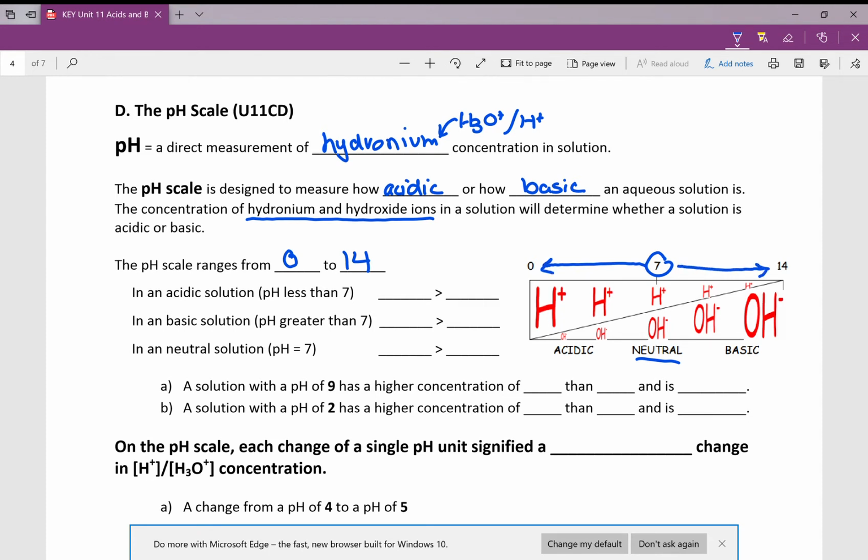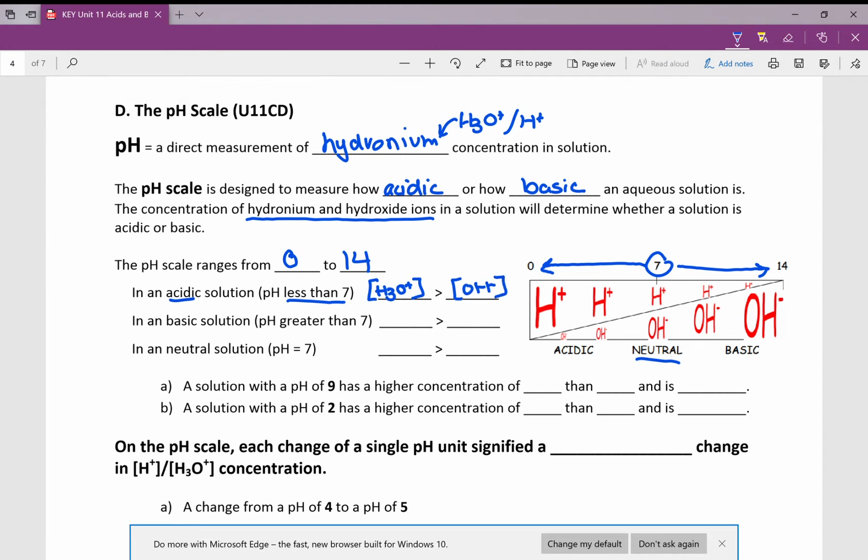When we talked about Arrhenius acids and bases, we talked about how acids release hydronium or hydrogen ions into solution, and bases release hydroxide. Both are actually present though in solution. It's just the relationship between them. So in an acidic solution, which has a pH less than 7, what makes it acidic is that hydronium ion concentration is greater than its hydroxide ion concentration.